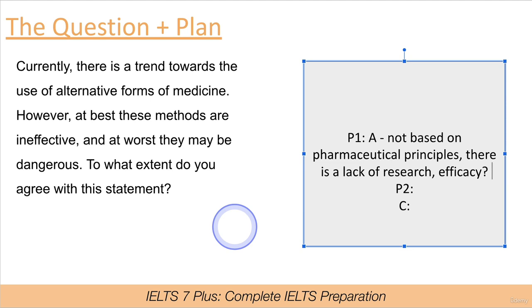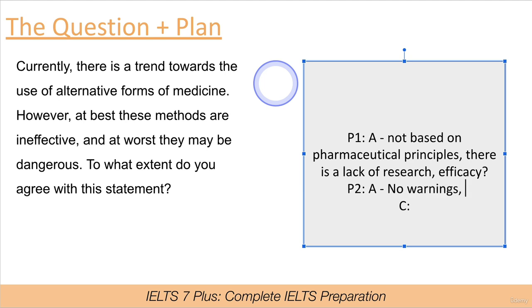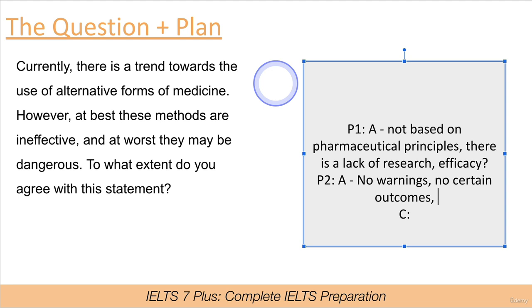Okay, then. To develop this, I can do another agree paragraph. And I can talk about the fact that these alternative forms of medicine, because they are not done through the usual route, perhaps have no warnings with them. There are no certain outcomes, so we don't know what's going to happen.